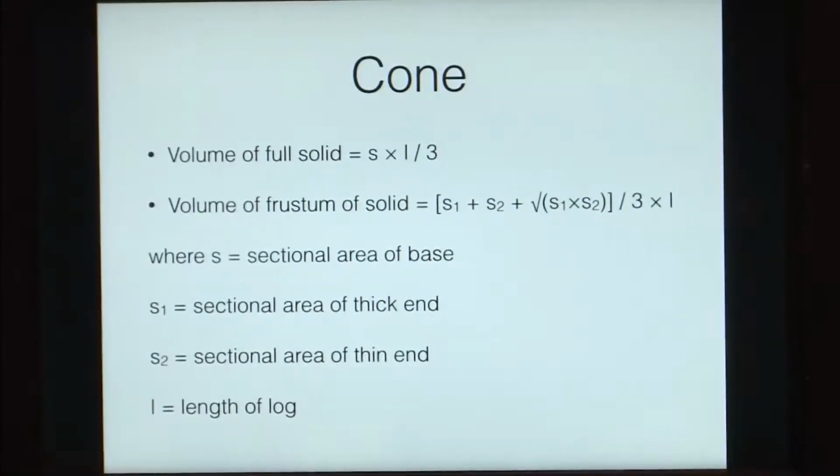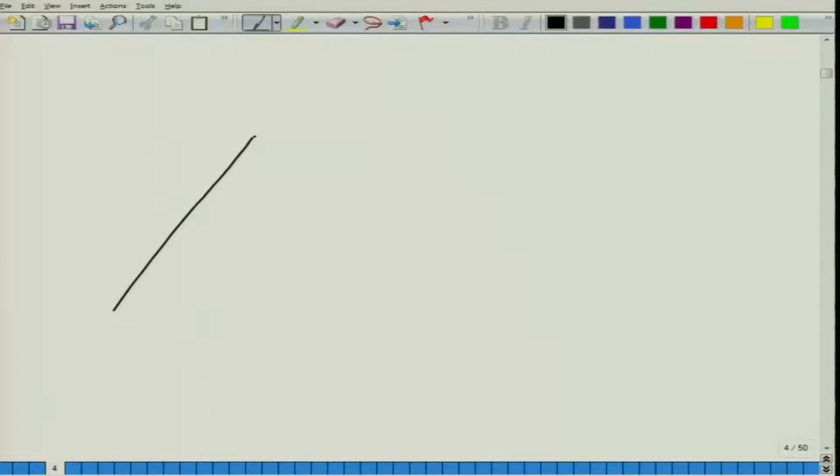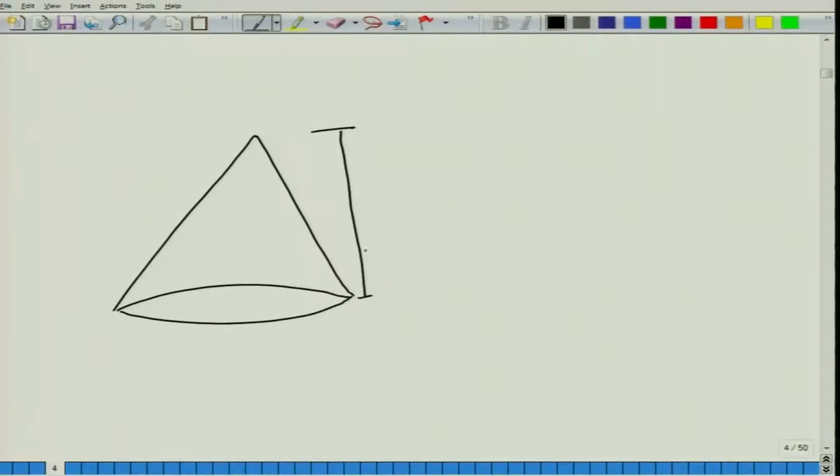Now, let us consider a cone. In the case of a cone, we had earlier defined the volume of the full solid as 1 by 3 pi r square h. Now, pi r square is the sectional area of the base of the cone. So, if this is a cone with a height h and the bottom with a radius of r, then we define volume is equal to 1 by 3 pi r square h.